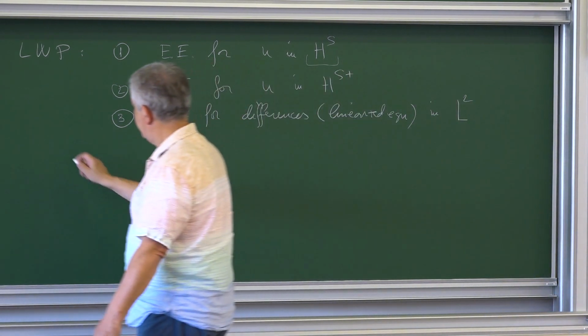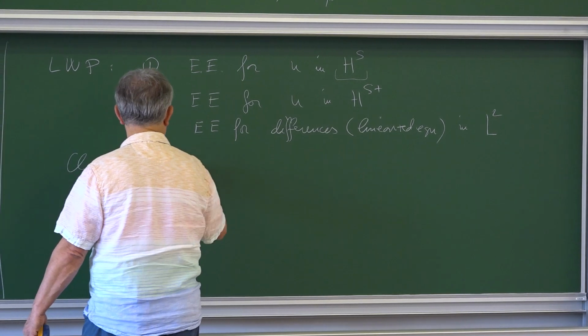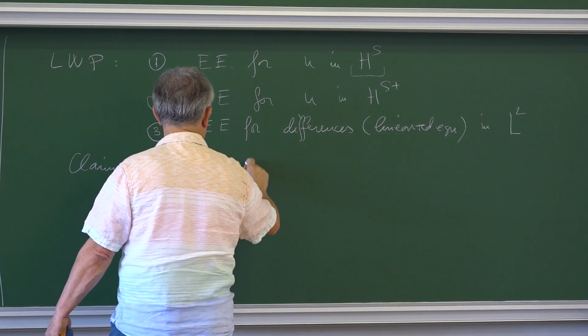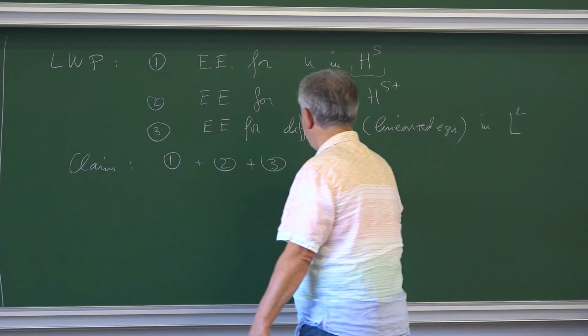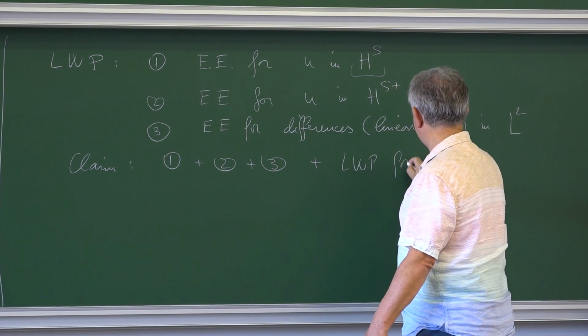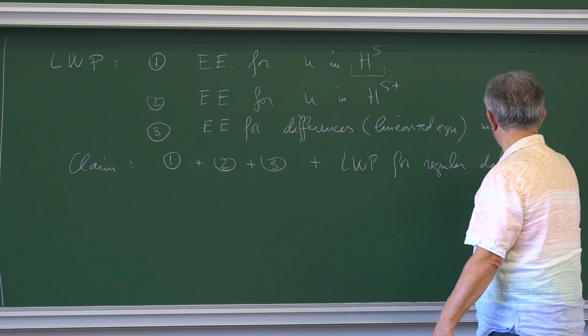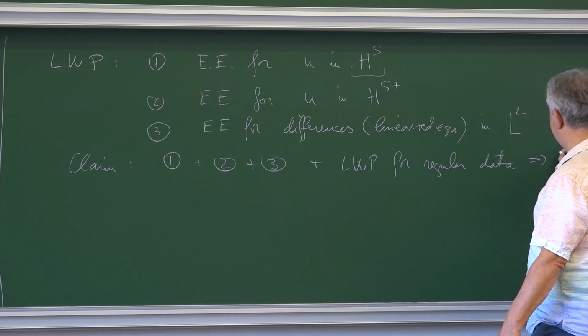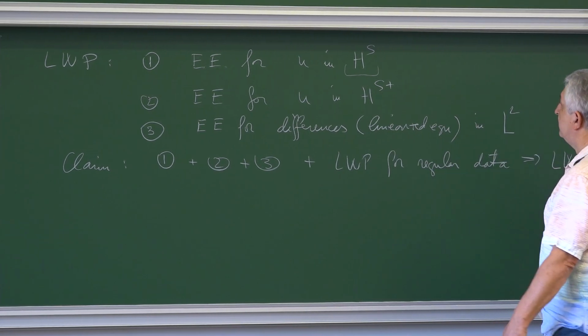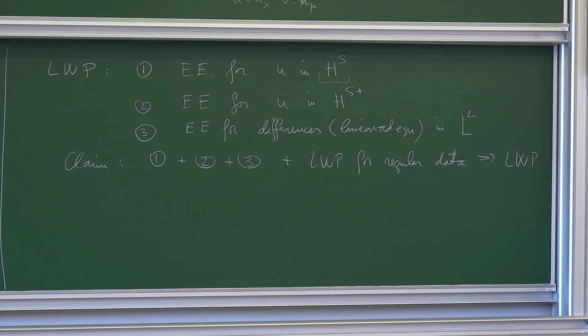And the claim here is that if you have this 1 plus 2 plus 3, and maybe plus a local well-posedness result for regular data, then you get your local well-posedness result at the threshold that you want.